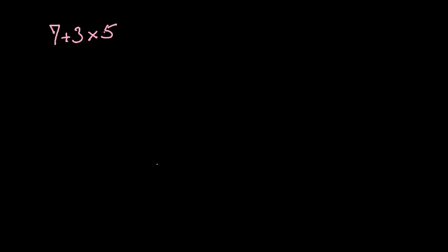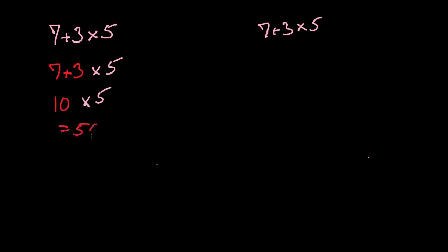Well, one person might say that they would do the 7 plus 3 first, and then they would multiply that answer with 5. So if we do 7 plus 3, that would be 10, and then we would multiply it by 5, and then the answer would be 50.